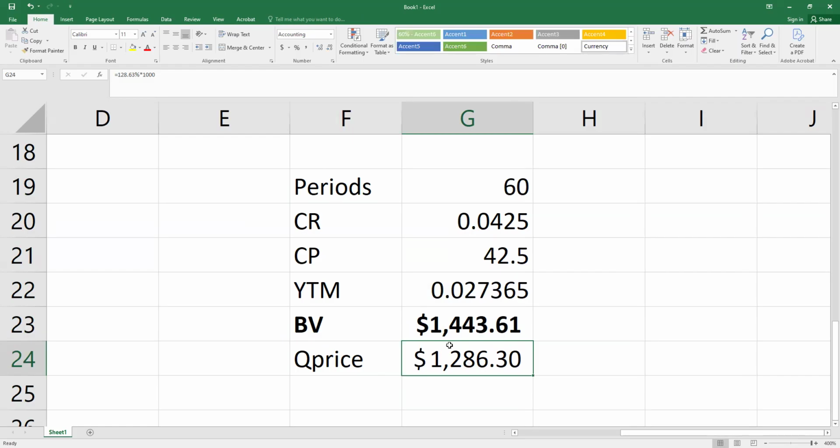So you can compare. The bond value that you estimated is 1,443, but the quoted price is 1,286, which is lower, which shows that the bond is undervalued. So we can come to the conclusion that we should buy such a bond because the price that we estimated is 1,443, which is a good sign.